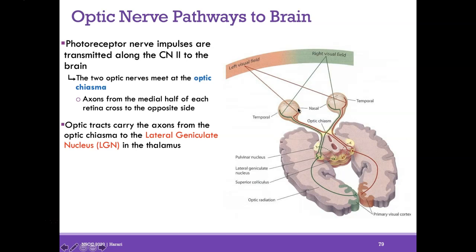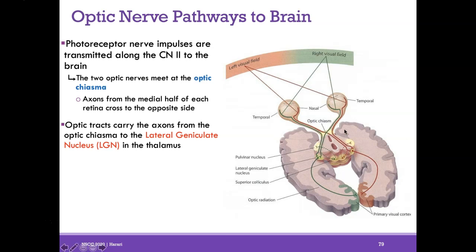So here, the medial half of the left retina, which is looking at the left visual field, crosses over to the right side of the brain, whereas the medial half of the right retina crosses over to the left side of the brain.